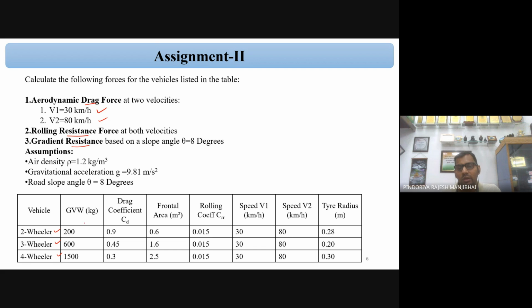Weight is also given, that is the gross vehicle weight, the total weight including the driver weight.